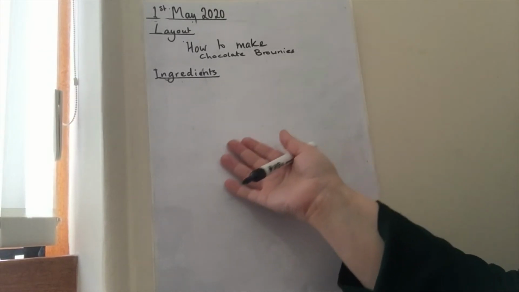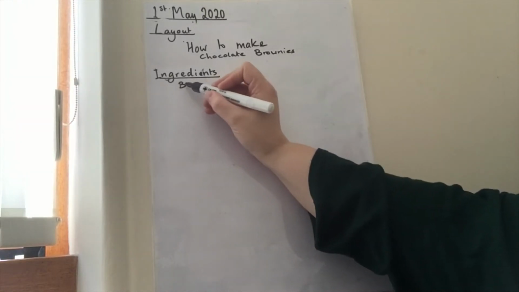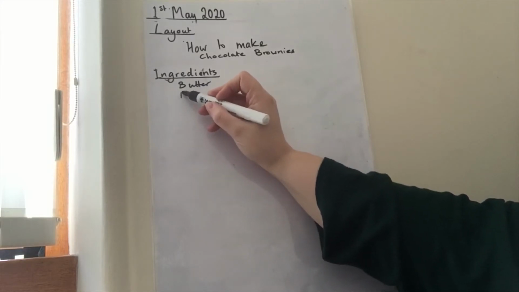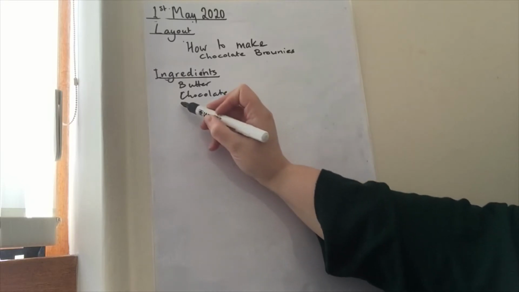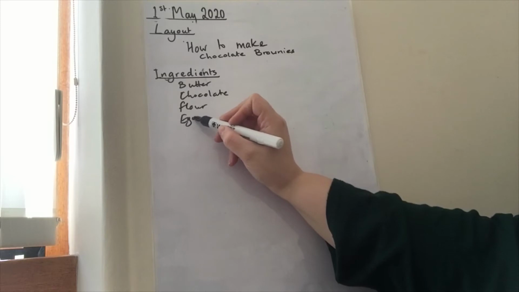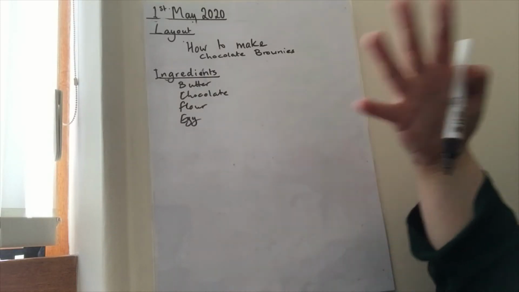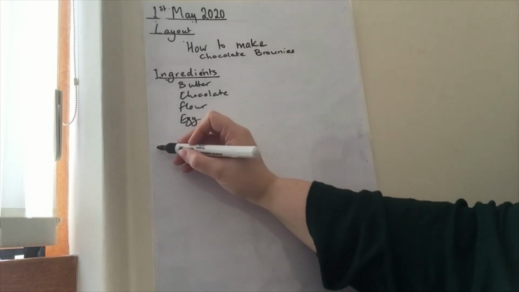This is my plan, so I'm not going to write them all out with all the measurements. I'm just putting the main ones there so I remember, and then under that I'm going to do my method.